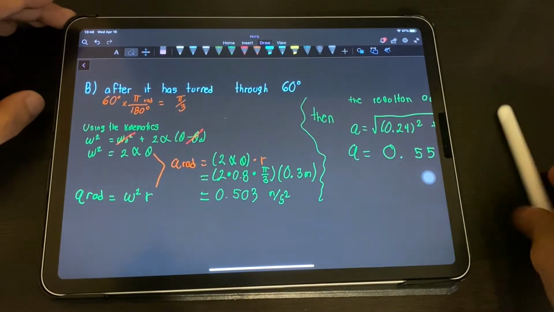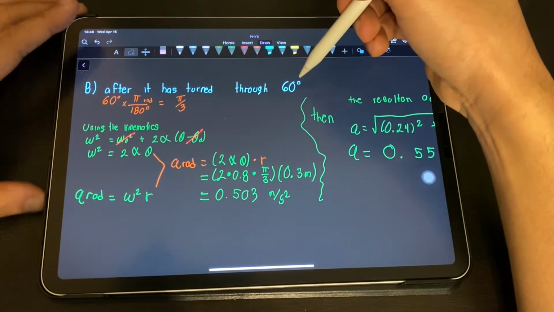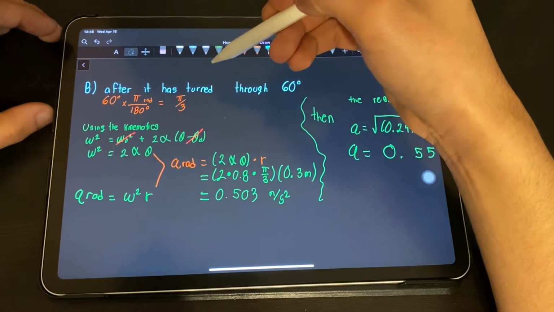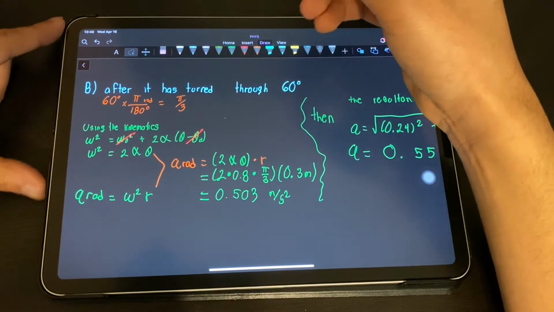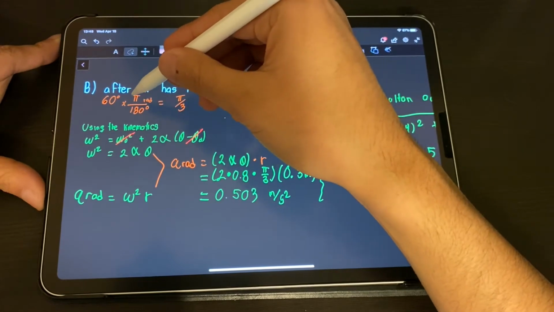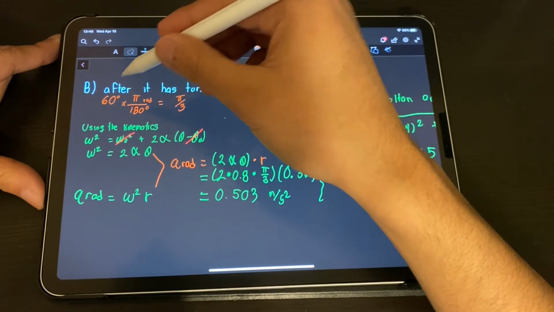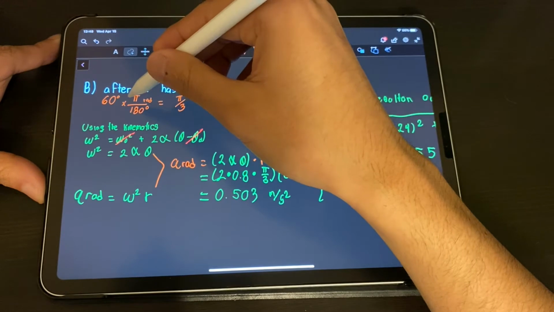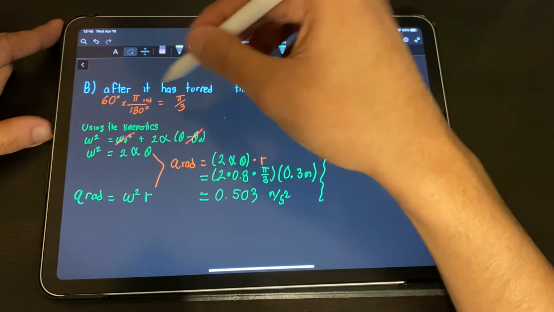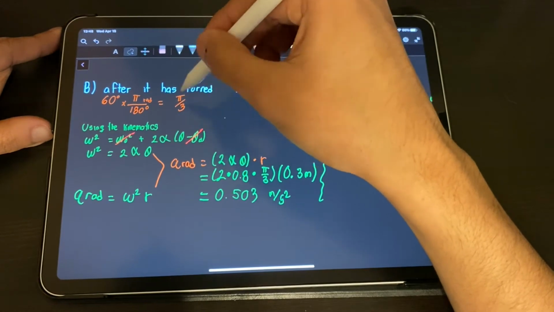All right, so now we're gonna do it through the 60-degree angle. Since we're working with radians, the first thing to do is to convert it. You just multiply the degrees times pi divided by 180 degrees to get rid of the degrees, and we get radians.